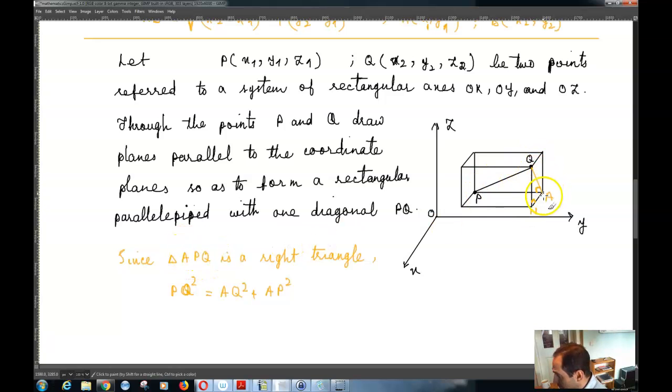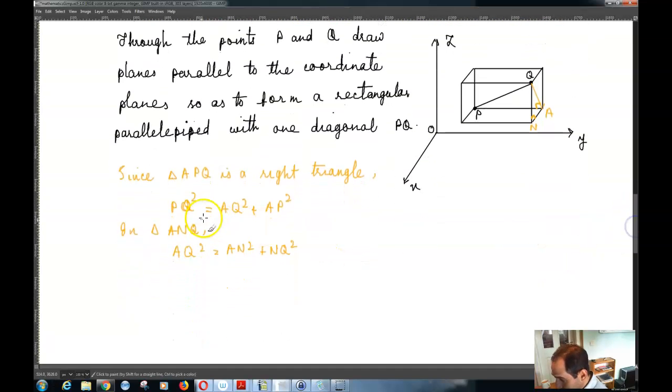So that is in triangle APQ. Now in triangle ANQ, this is also a right triangle, and AQ is the hypotenuse, so you can write AQ squared is equal to AN squared plus NQ squared.